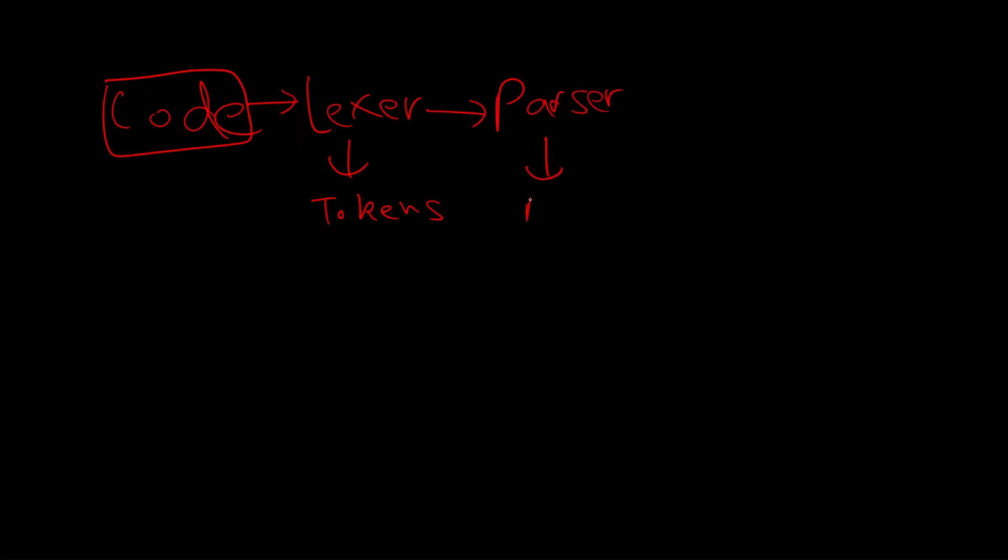The first thing which happens to the code is it is passed on to a lexer. What lexer does is it creates tokens for that code, and then these tokens are passed onto a parser where an abstract syntax tree is created.